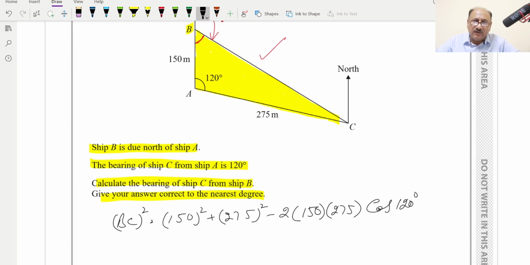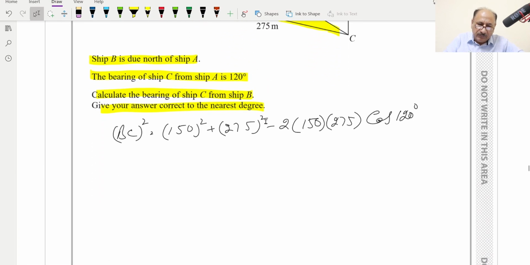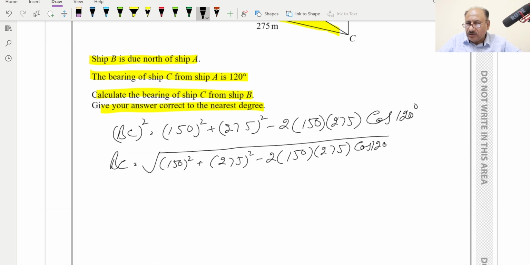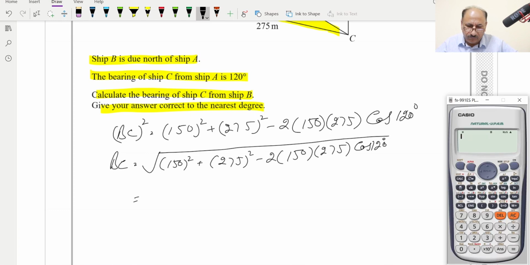So this is how we can find this BC, and BC will be equal to the square root of this whole thing. So we will write 150 squared plus 275 squared minus 2 into 150 into 275 into cos of 120 degrees, and this is what we need to calculate with the help of a calculator.